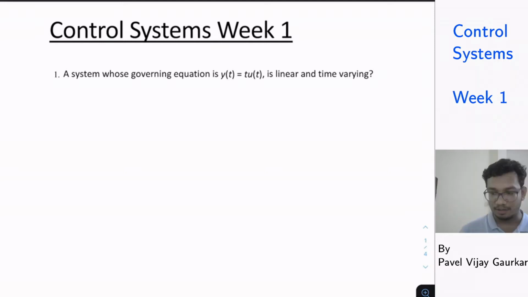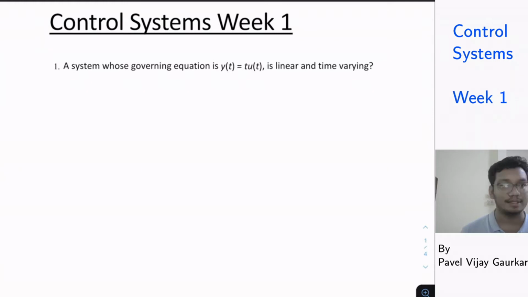So the first question we will be discussing is this: a system whose governing equation is y equals t into u of t. The question here is: is this system linear, and is this system time varying? So let us see.